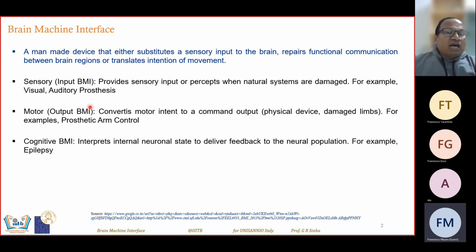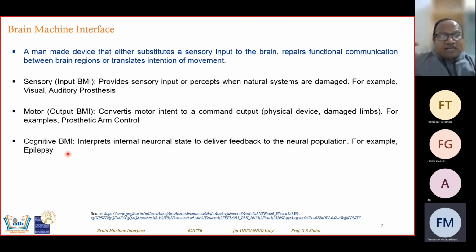So this is BMI. And then the last part was understanding, communicating, and translating. So cognitive BMI. One is sensory, then motor, and the third one is cognitive. It interprets the internal neuronal state to deliver feedback to the neuronal population. For example, epilepsy. Epilepsy is the case where there is a lot of disorder, disability in the brain itself.